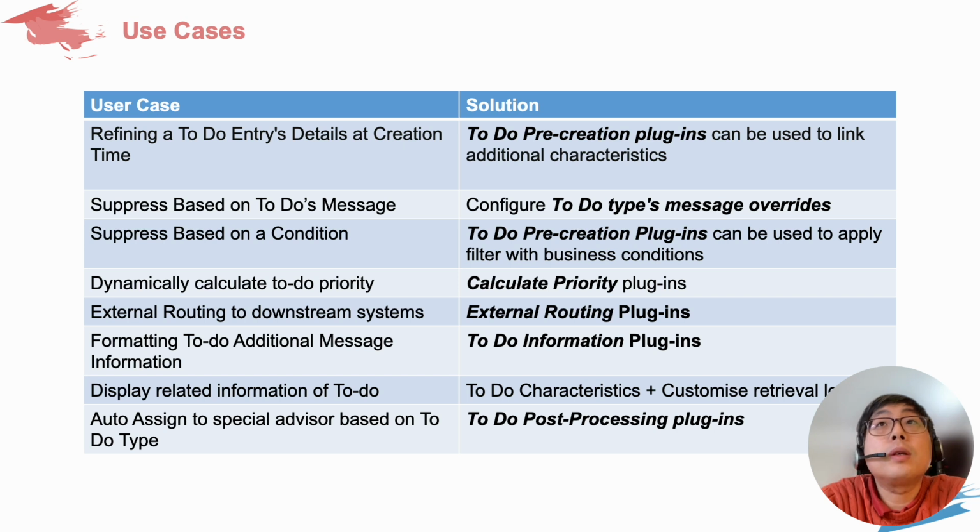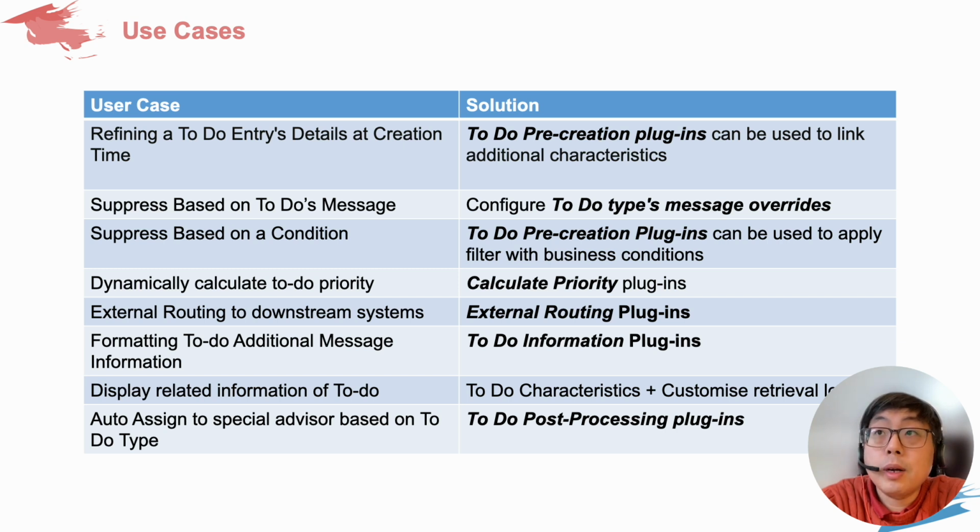So as we said, we can add additional fields, say we want to populate additional characteristics values on the to-do. Now this can be used, and we can define a to-do pre-creation plugin on the algorithm, which links to additional characteristics.